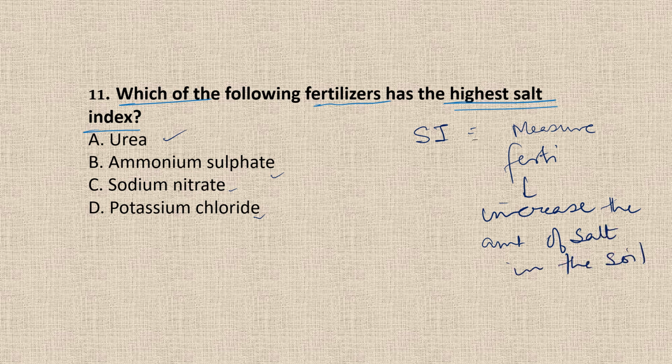Potassium chloride, KCl, is the right answer, because it has a high salt index due to chloride ions, which are highly soluble and significantly contribute to soil salinity. So option D is the right answer.